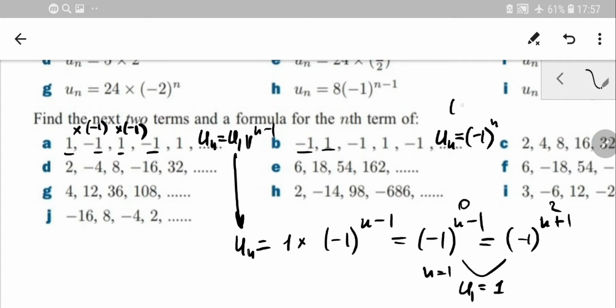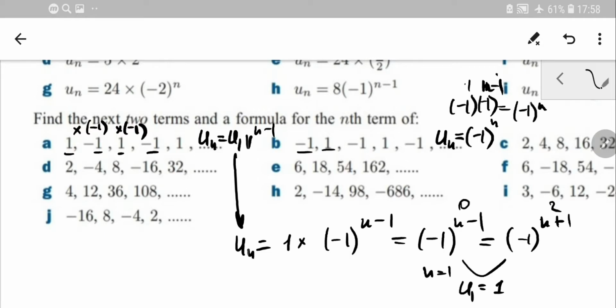Why? Because the first term is -1, but you multiply by -1 to the power n minus 1. Using properties of indices, you just add the exponents: 1 and n minus 1 give you n. So the result is -1 to the power of n.